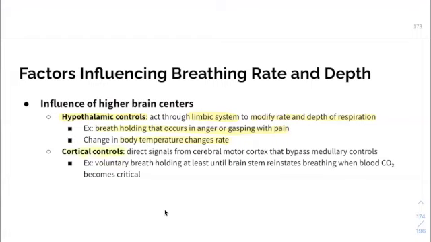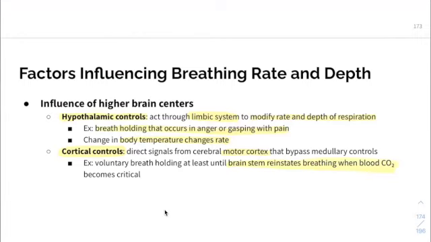What about cortical controls? Well, that's the motor cortex. What if you decide to hold your breath? What's going to cause you to start breathing again? That brainstem.